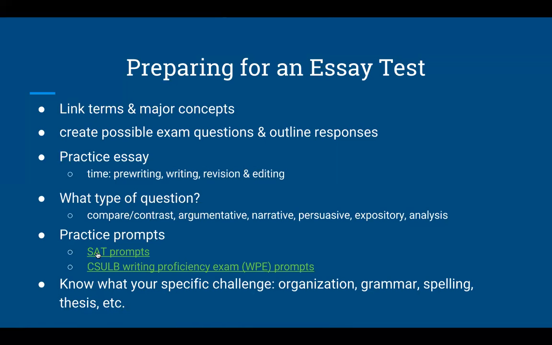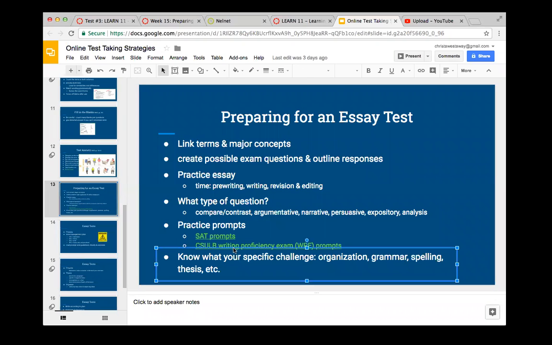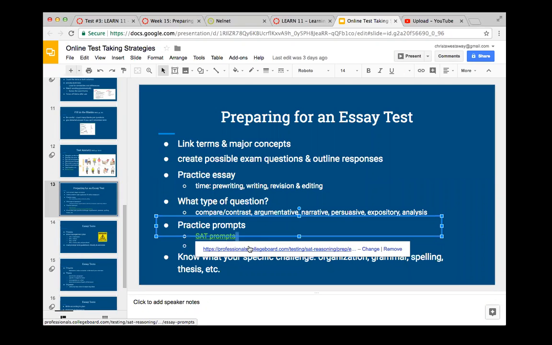If you want to know more about where you can practice these prompts or see some examples, you can always Google SAT prompts, or you can go to the CSULB Writers Resource Lab, which is, let's see, I'm going to show you this. Let's see if it'll let me go there.